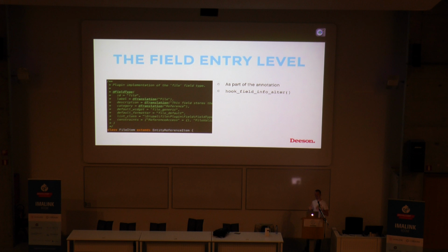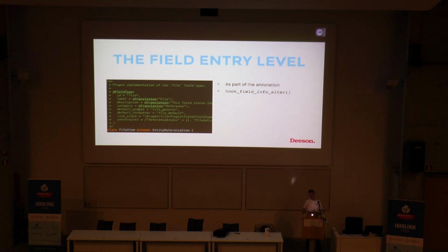Then we have the field entry level, and this is quite complex. A single delta in a field entry is actually what makes the field work, because the field you put on an entity is always a list of field entries. That list doesn't really know anything except that it's a list of a specific field type.